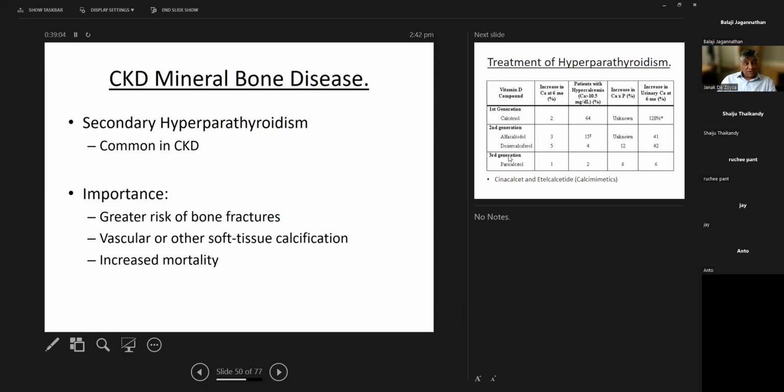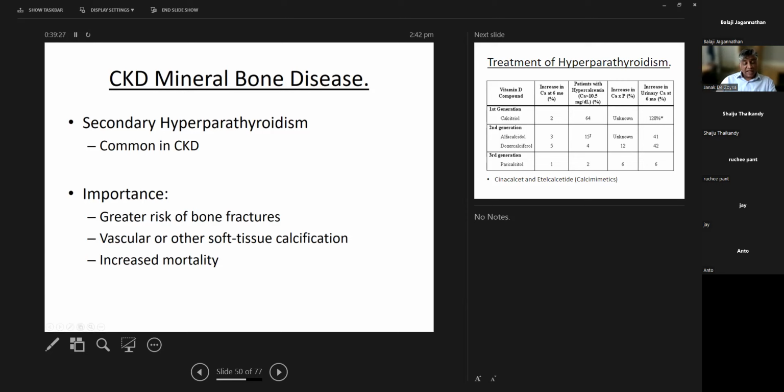So the changes we'll start to see include high phosphate, low calcium, and secondary hyperparathyroidism. And that secondary hyperparathyroidism, where the parathyroid gland is more active, tends to cause increased movement of calcium from the bones. And because of that, it means that the patient has an increased risk of fractures.